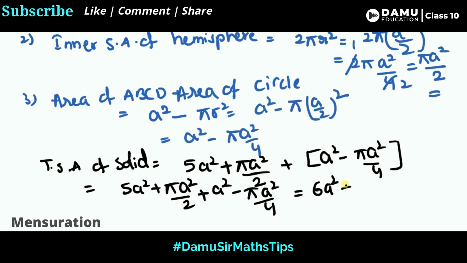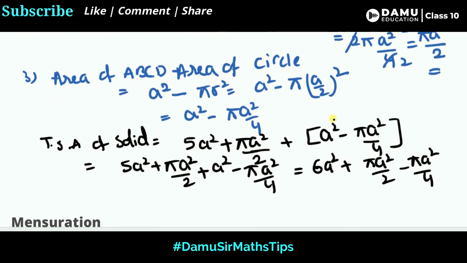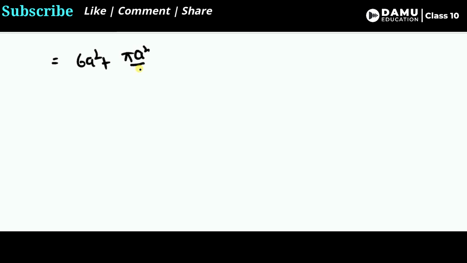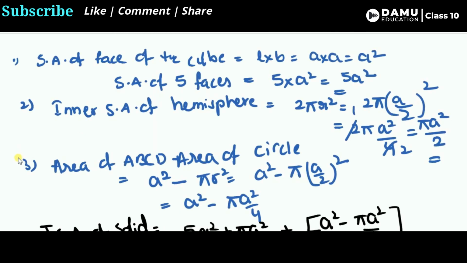Then pi a square by 2 minus pi a square by 4. So we get 6a square plus pi a square by 2 minus pi a square by 4.